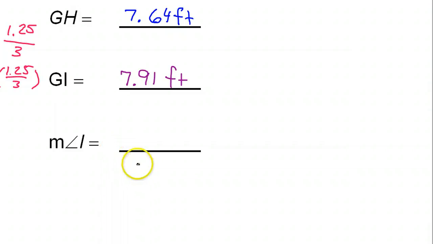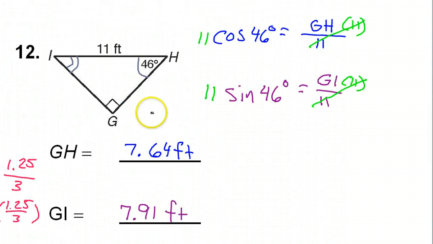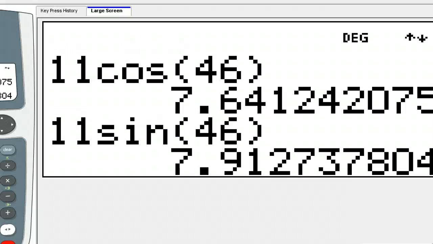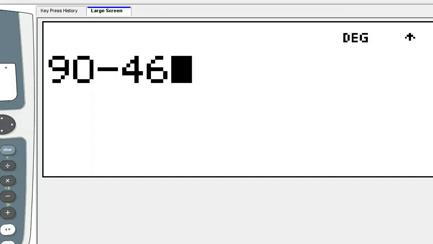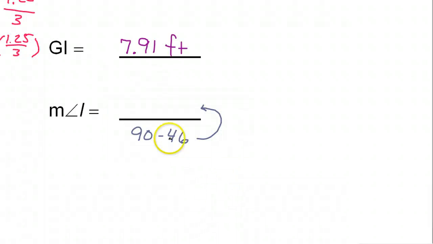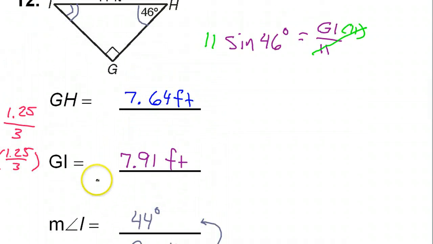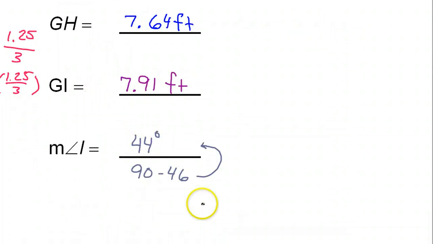I'm simply going to do 90 minus 46, which is 44. So angle I is 44 degrees. If you did some kind of inverse trig function, you should have gotten the same answer, but you just did it the long way.